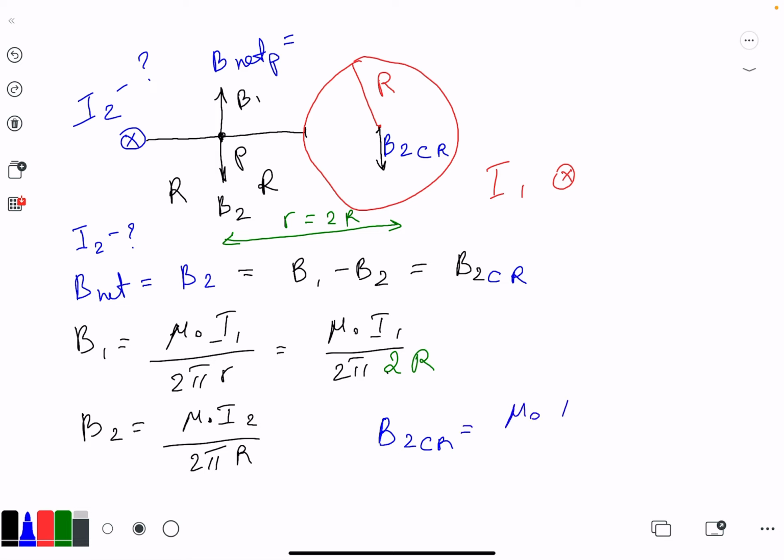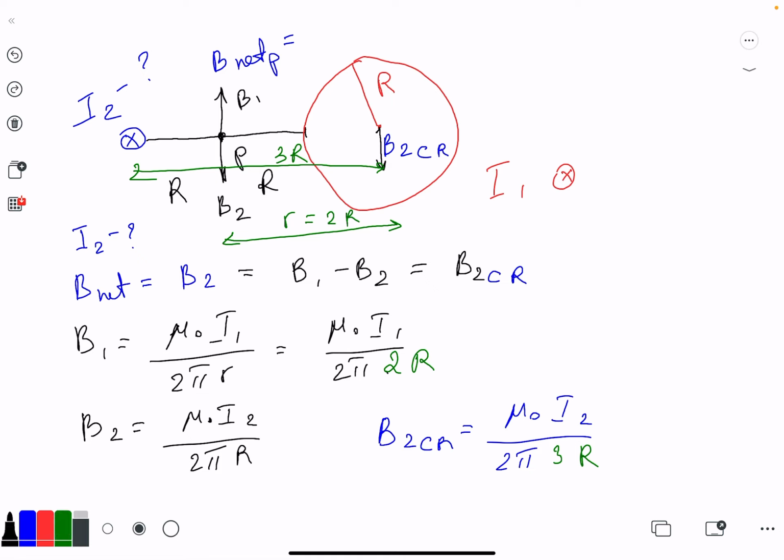It's equal to mu naught current 2 divided by 2 pi, and now the distance is basically 3r. The whole distance from here till here will be 3r.